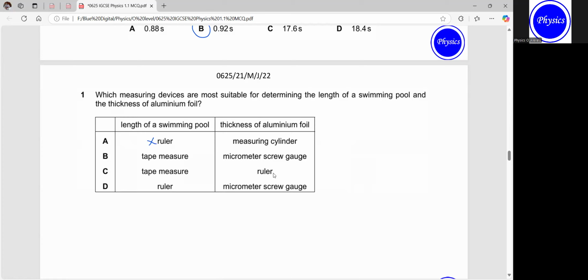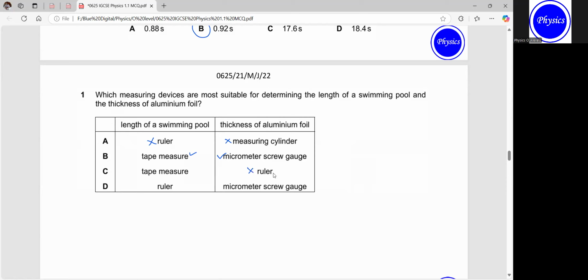A ruler cannot be used. A measuring cylinder we only use to find the volume of a regular or irregular object. A tape measure, of course, we can use to measure the length of a swimming pool. The thickness of an aluminum foil definitely can be measured with a micrometer. Tape measure and ruler, no, a ruler you can't use.